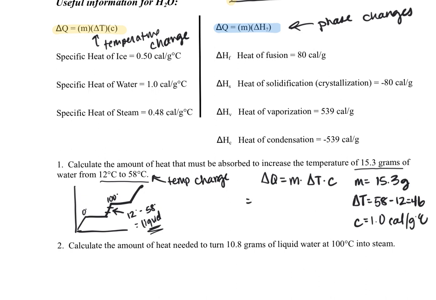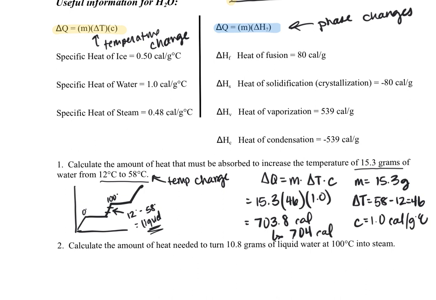So when I plug all that into my equation, 15.3 times 46 times 1.0, the answer that I get is 703.8 calories. In correct significant figures, that's 704 calories.